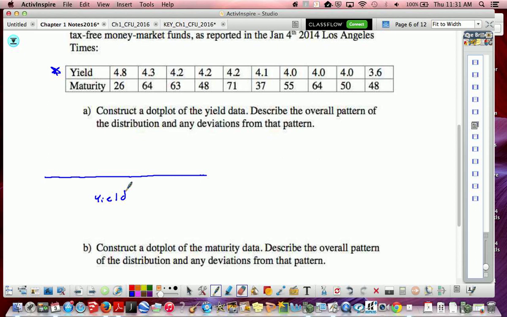So I'm going to start here at 3.6 and count by tenths all the way up. Do I have to go to 4.8? 4.1, 4.2, 4.3, 4.4, 4.5, 4.6. Of course, I got to extend it just a little bit, 4.7, and 4.8.